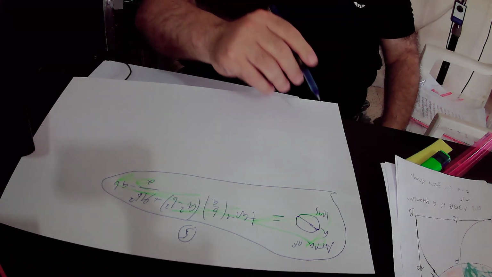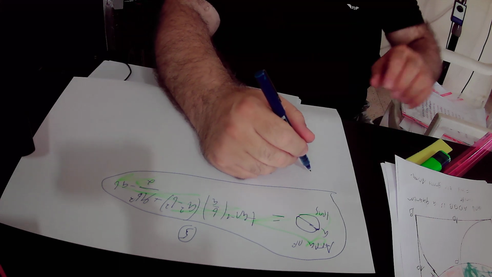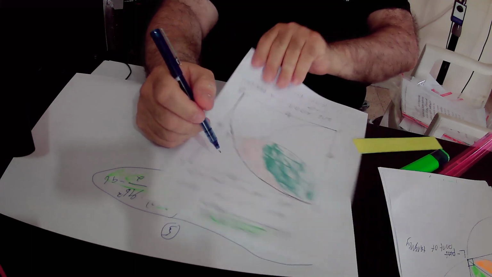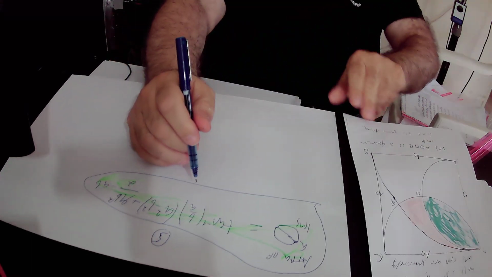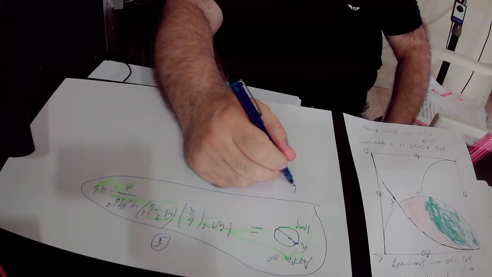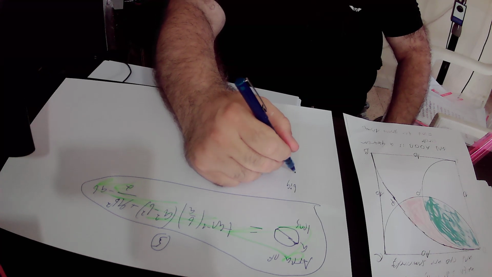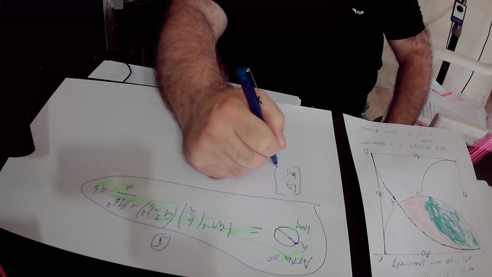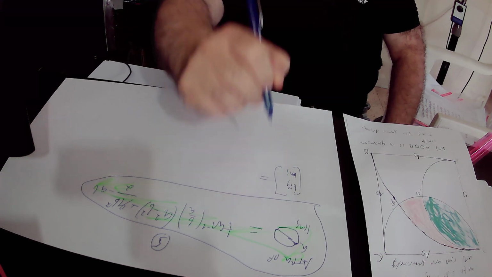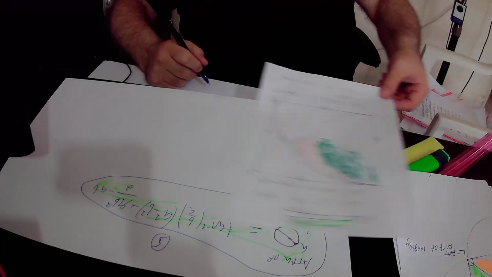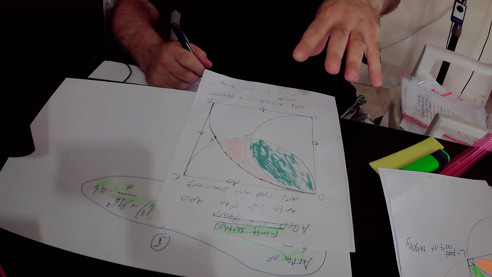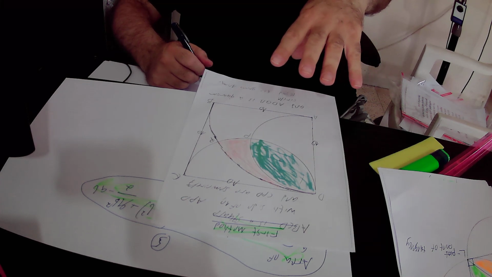First of all, we find the area of the big lens. This is the area of the big lens. First of all, we have to find out how the big lens was created.